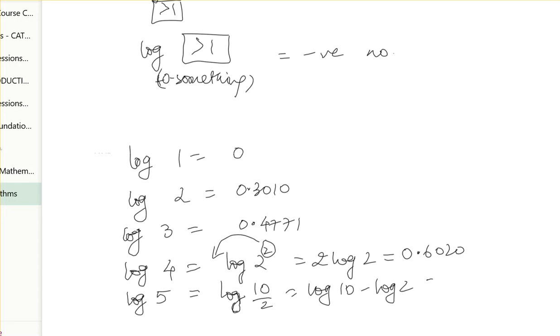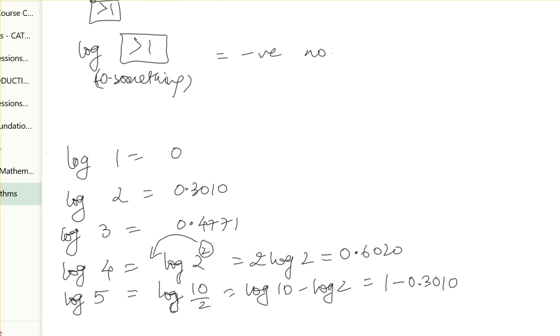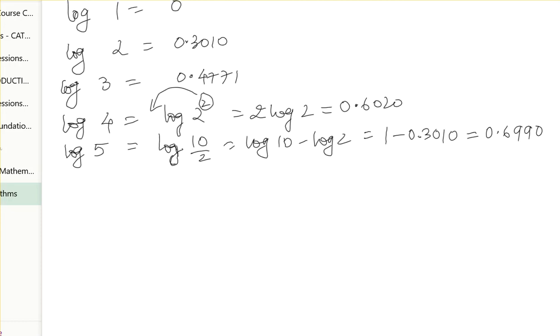That becomes 1 minus 0.3010, that is 0.6990.